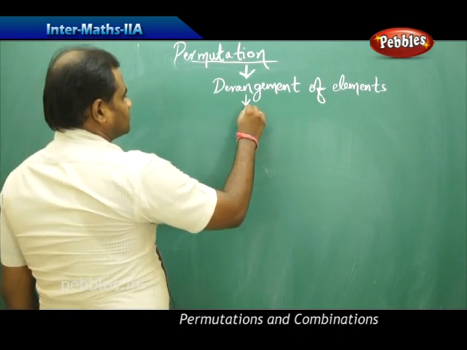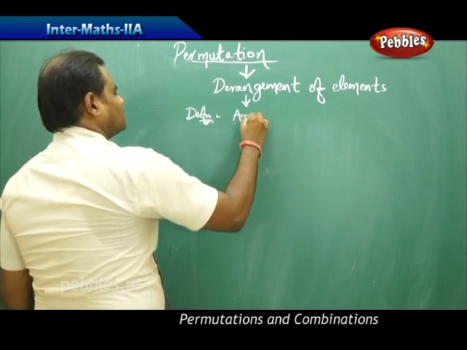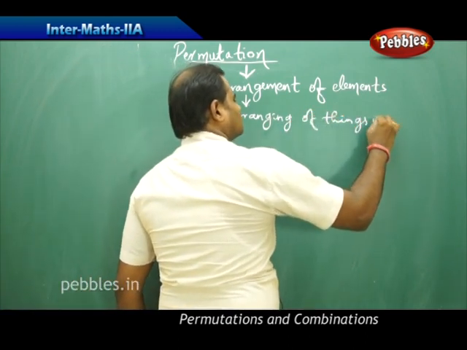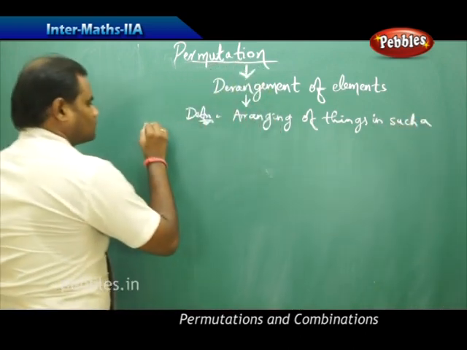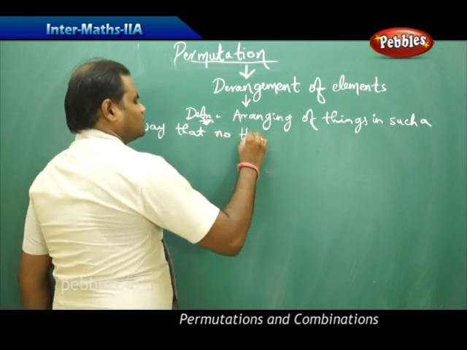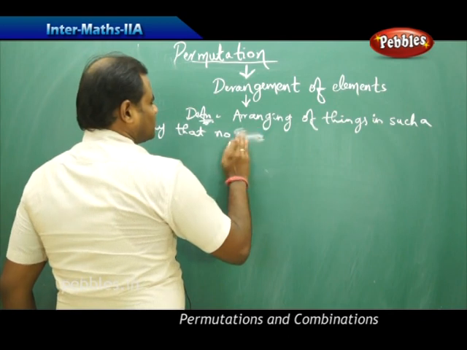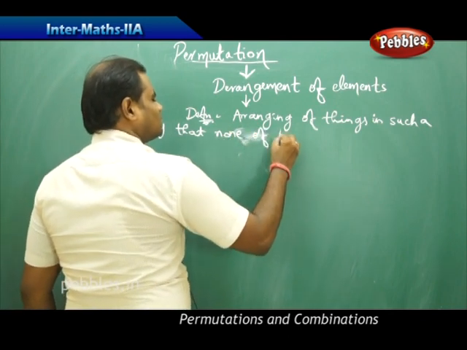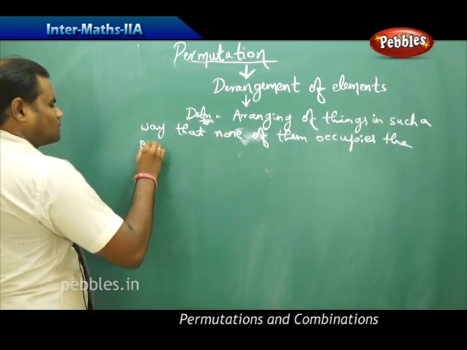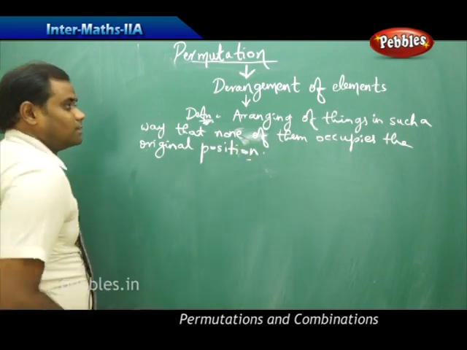As we come to permutation, the derangement has its definition, which says that arranging things in such a way that none of them occupies the original position is called derangement of elements.